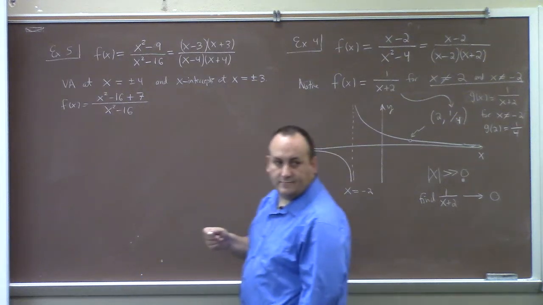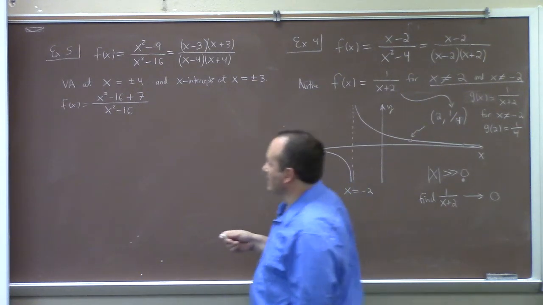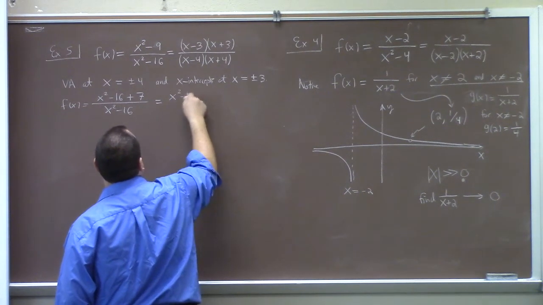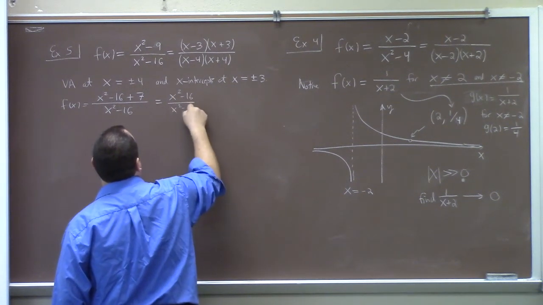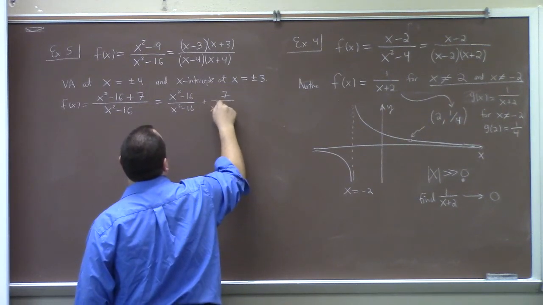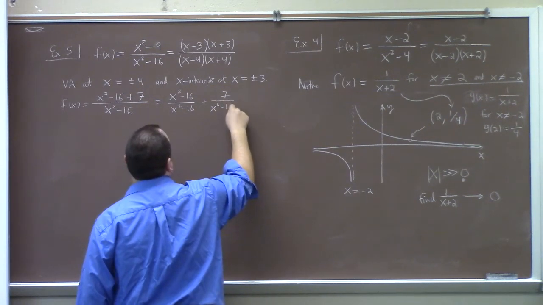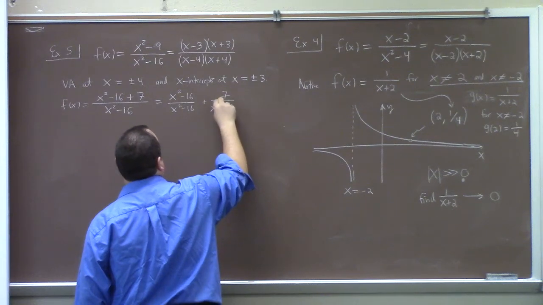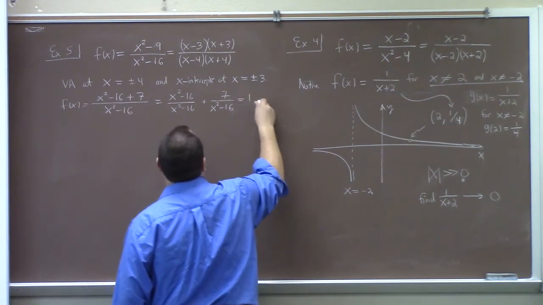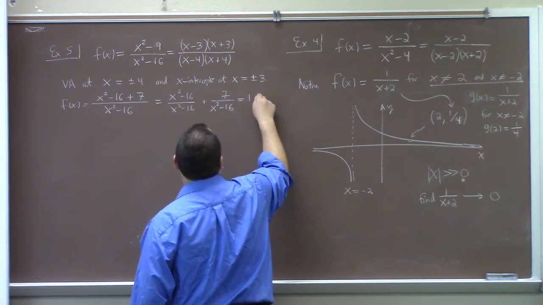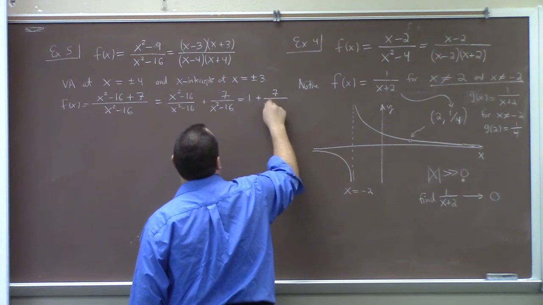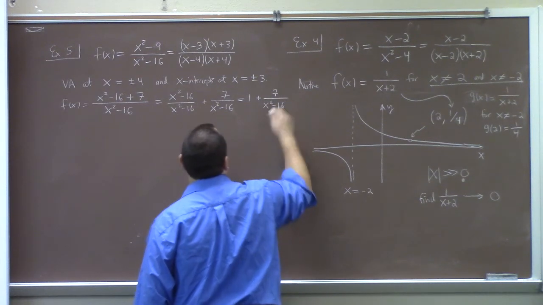And then that's x squared minus 16 over x squared minus 16, plus 7 over x squared minus 16. So what I'm doing right now, guys, is showing you a trick to avoid the long division. It's an algebra trick I'm fond of. You can take it or leave it, but if you either do my trick or do long division, you'll get 1 plus 7 divided by x squared minus 16.